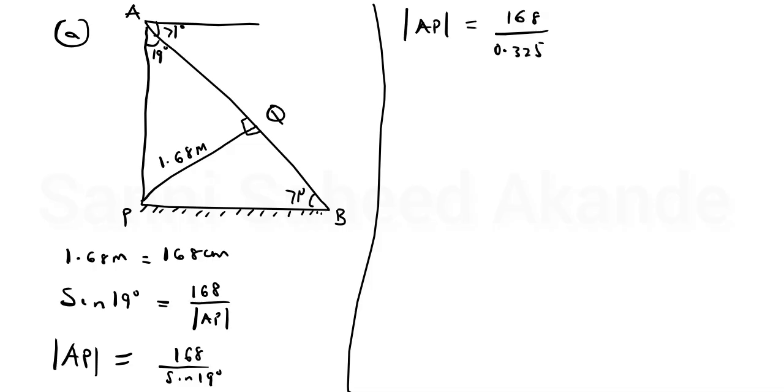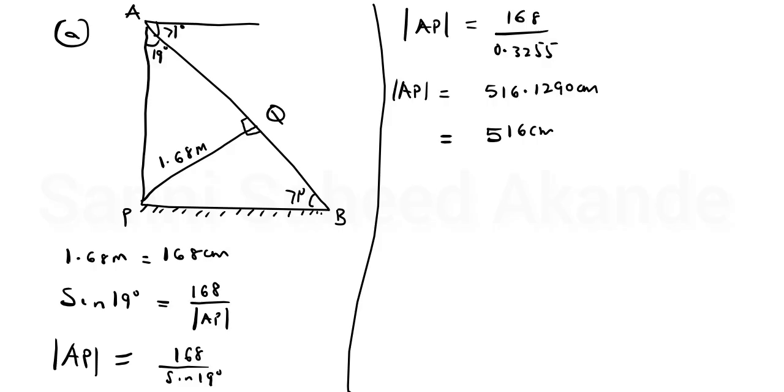When you divide this, you are going to get your side AP to be equal to 516.1290 centimeters. But to the nearest centimeter, you will just get 516 centimeters. So that is the height of the ladder above P in centimeters.